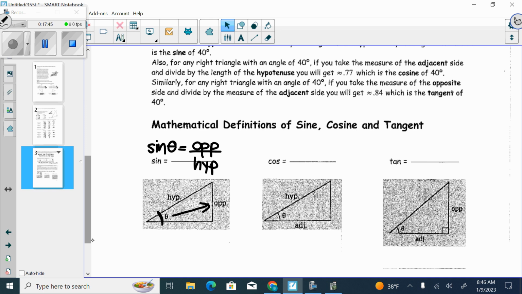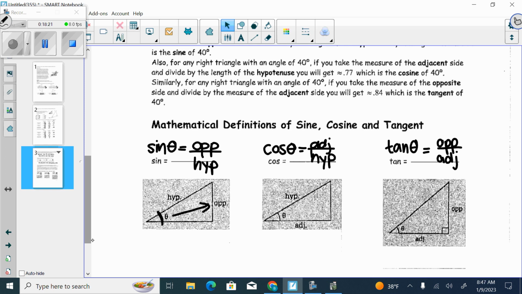Now in that exact same triangle, if they tell us to do cosine, or cosine of theta, I'm always going to use adjacent over hypotenuse. Okay? And lastly, if they ask you to find tangent of an angle, or use tangent to find a missing side, then you'll have tangent of theta is equal to opposite over adjacent.